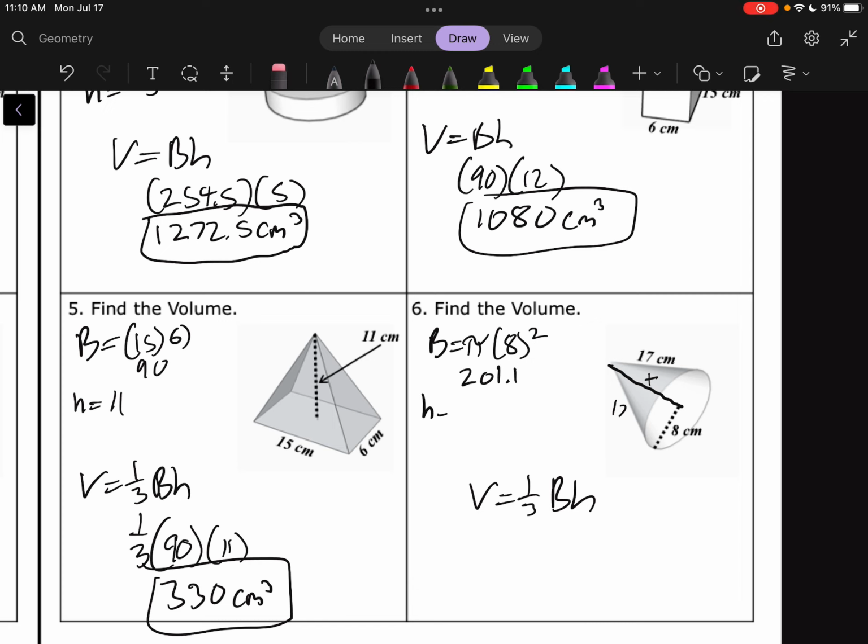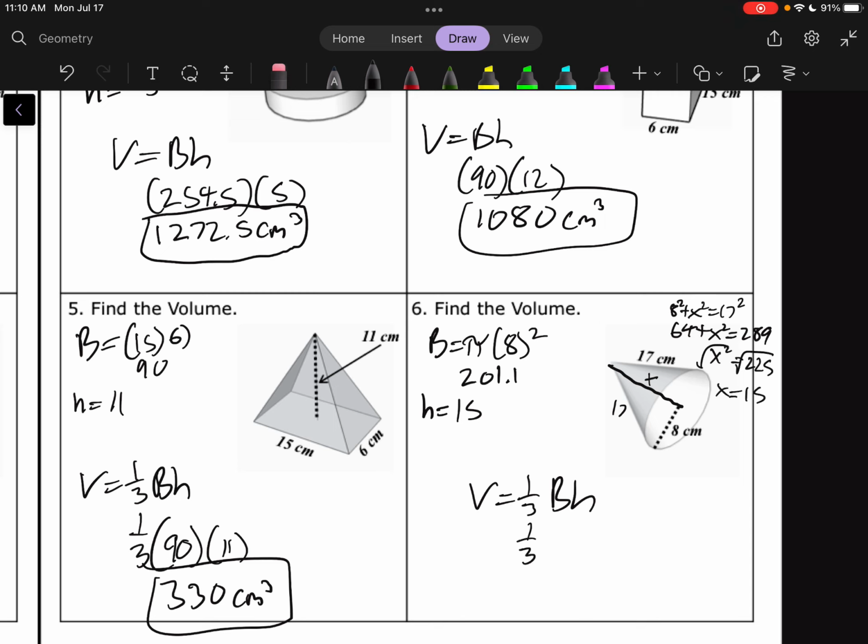201.1. Our height should have been 15 if you did the Pythagorean theorem there. That was 8 squared plus x squared equals 17 squared. 64 plus x squared equals 289. When you subtract, you get that x squared is equal to 225, which the square root of that is 15.